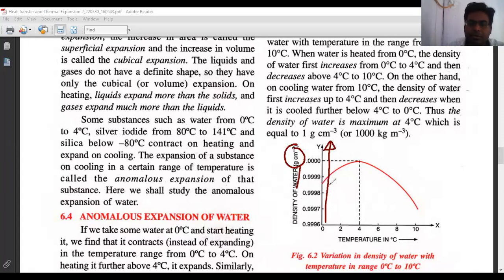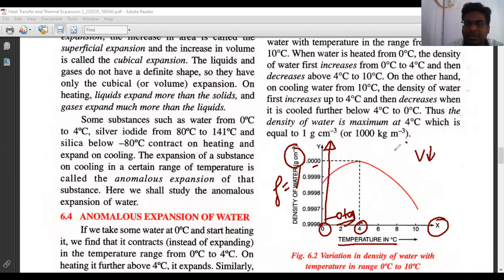It basically starts from 0.9996, and this is the density of the water. And on the x-axis, we have the temperature. You can see that for 0 to 4 degrees Celsius, its volume is decreasing.